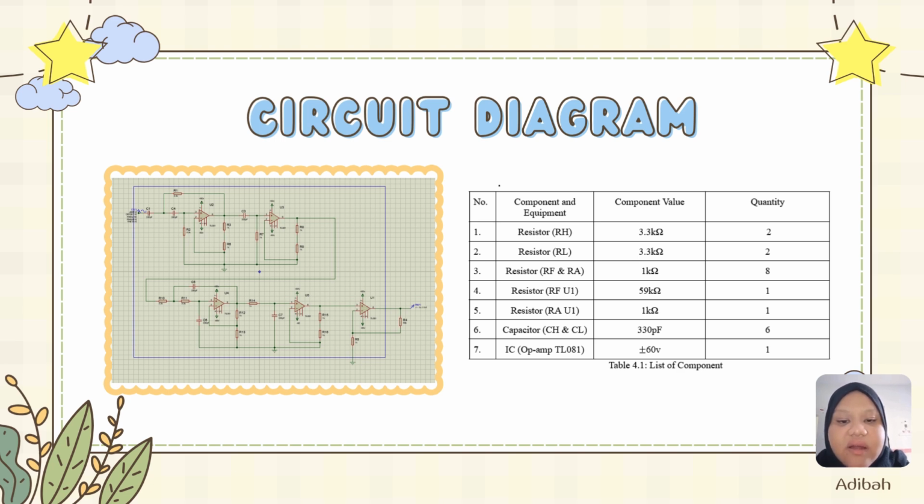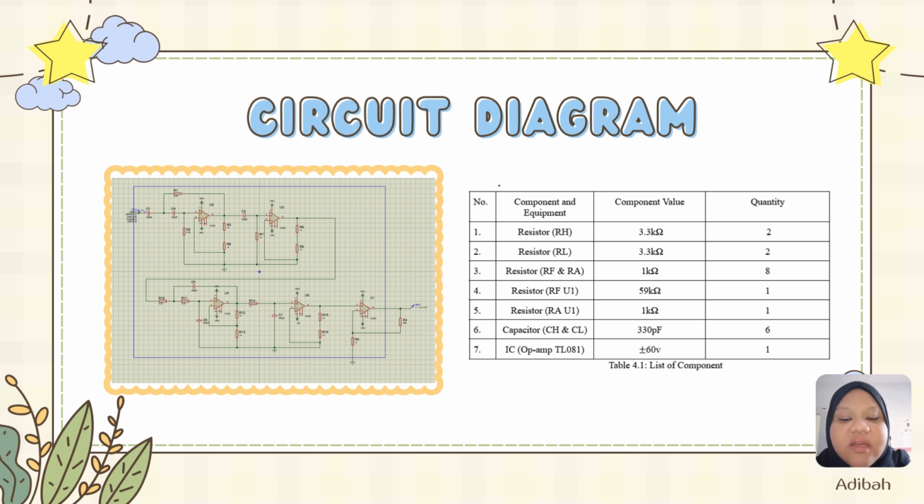Resistor RF of U1 is 5.9 k. Resistor RA of U1 is 1 k. And for the capacitors, SCH and CL, 330 pF. And for the IC op-amp, TL081, voltage 60 volts.